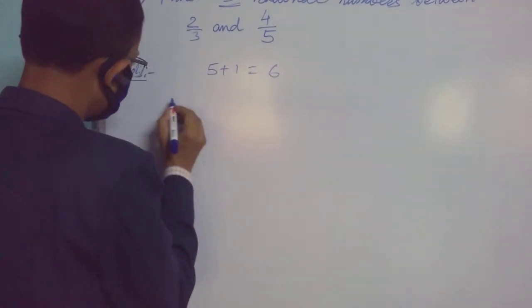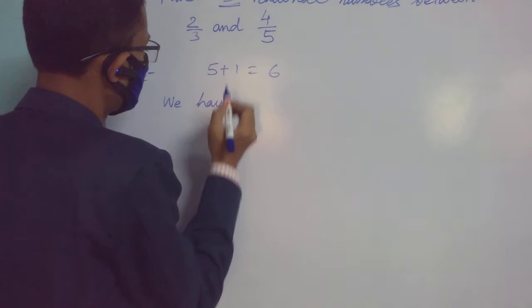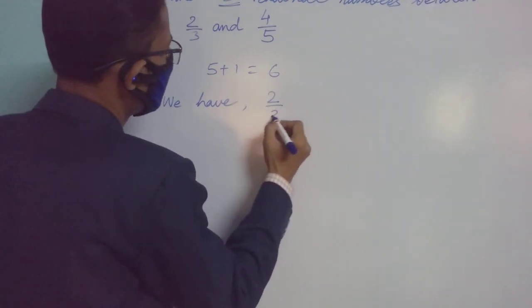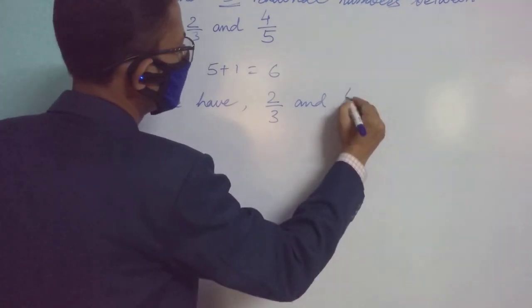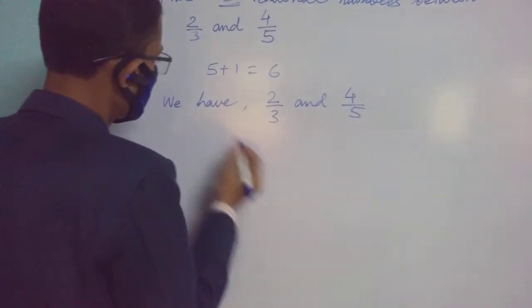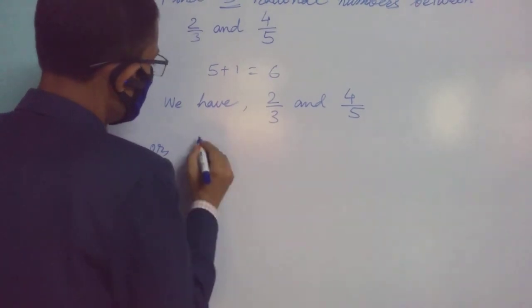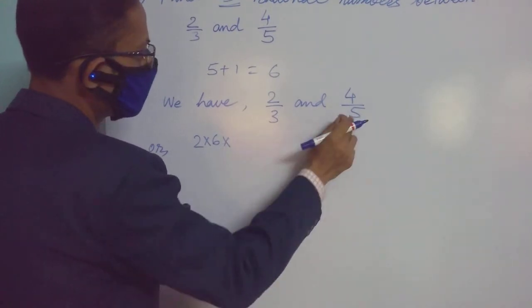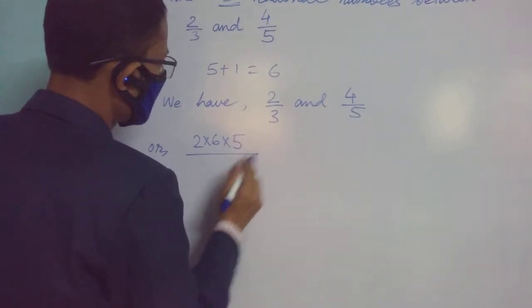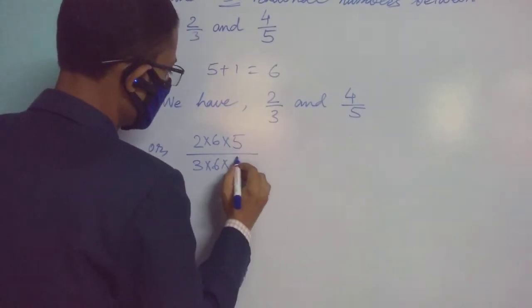So we will write, we have 2 by 3 and 4 by 5, or 2 into 6 into 5 by 3 into 6 into 5.